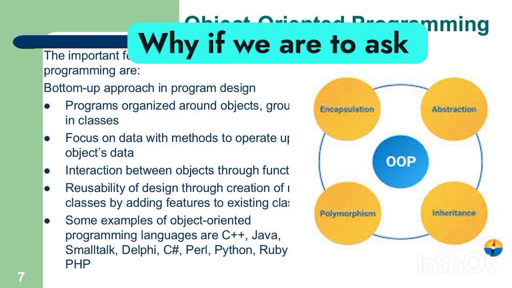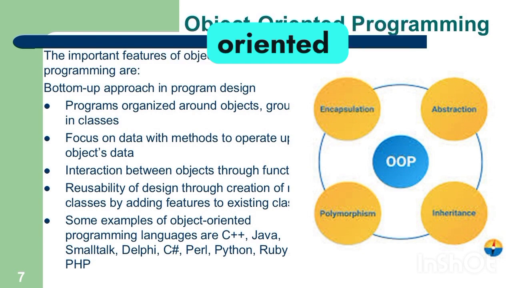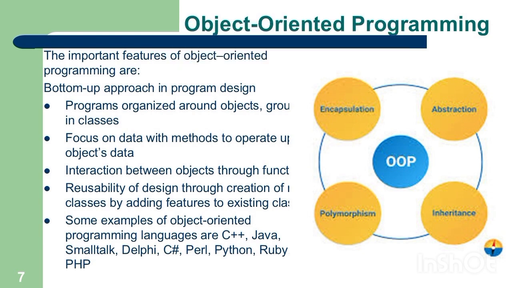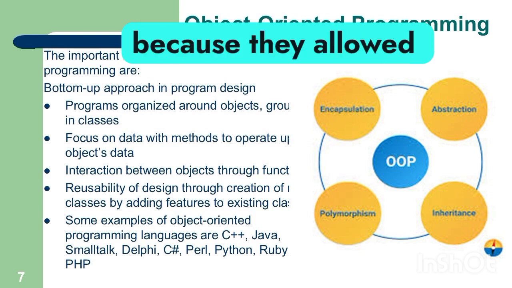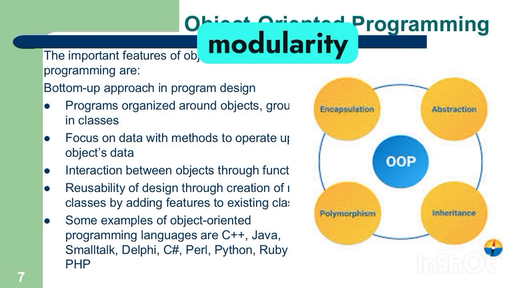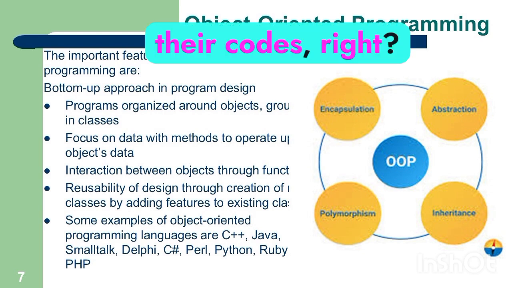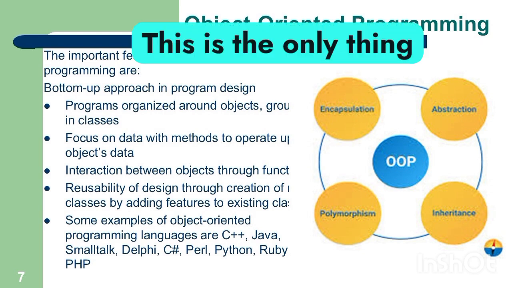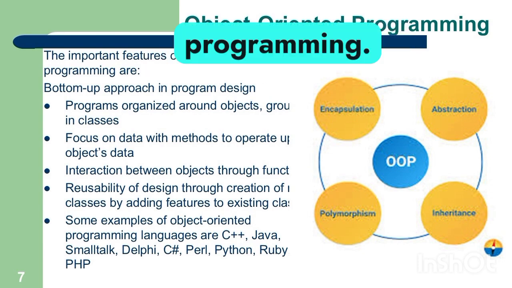If we are to ask why these languages are called object-oriented programming languages, it is because they allow modularity and reusability of their code, right? This is the only reason why they are called object-oriented programming.